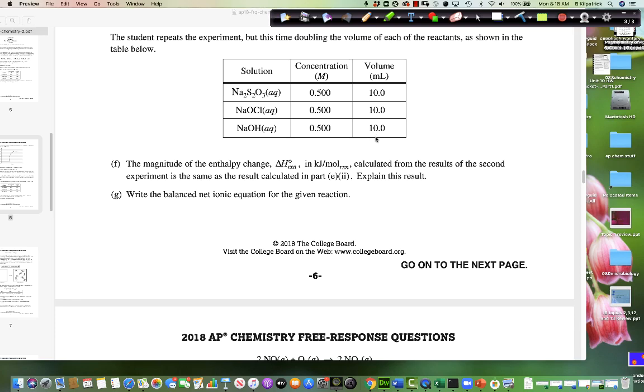However, it's asking how this would compare with the calculation that we just did, kilojoules per mole. Well, this is a ratio. So kilojoules per mole shouldn't change. If you have more, you might get more energy, but you're not changing that ratio. The kilojoules per mole should still be the same. The heat released may be more.